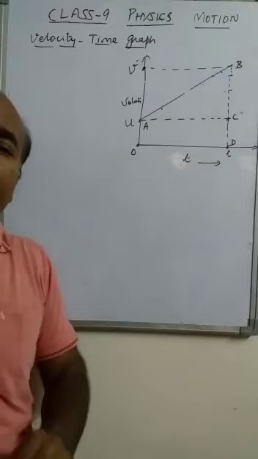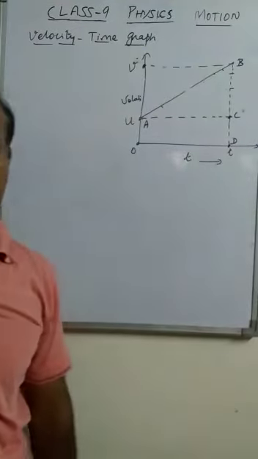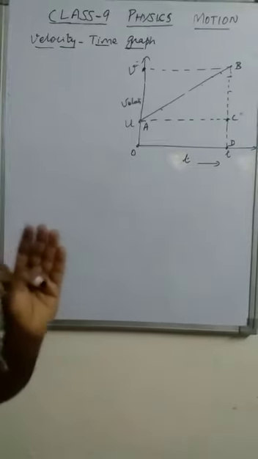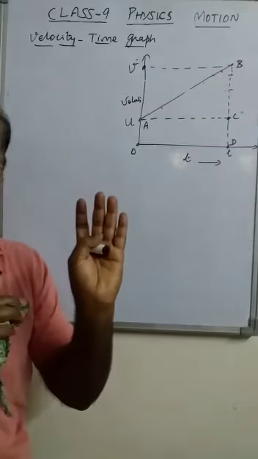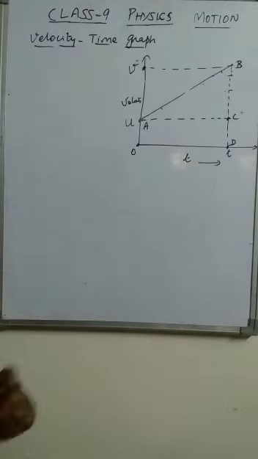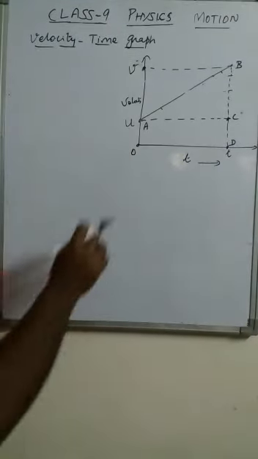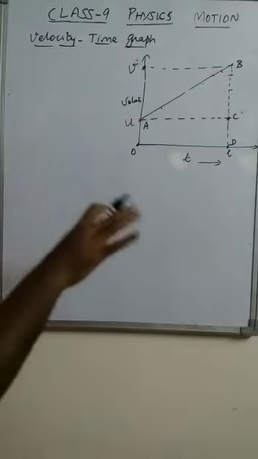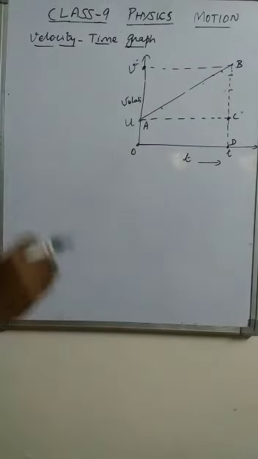Displacement, or we can say distance in a given direction. Since here we are discussing that the object is traveling in the same direction, you can use the word distance or displacement. Now you see, from the initial point to final point, the object has covered some displacement, some distance in a given direction.